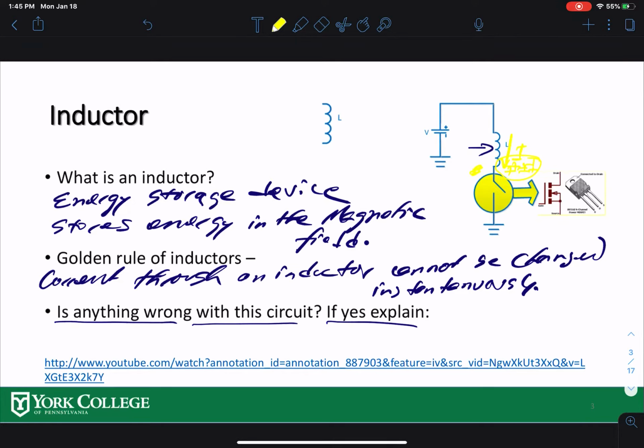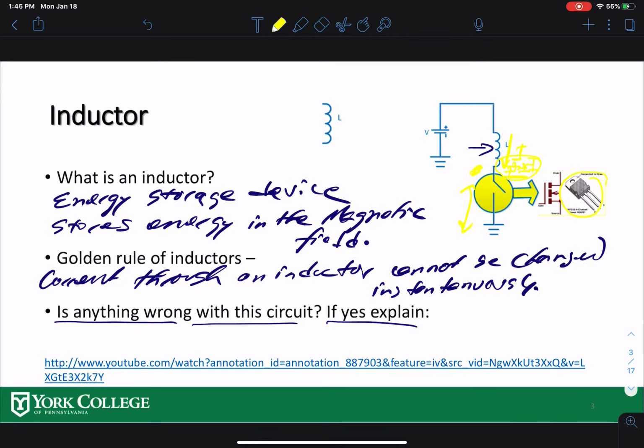That voltage compared to the ground, if it goes way above the limit of this transistor, the transistor could be destroyed.